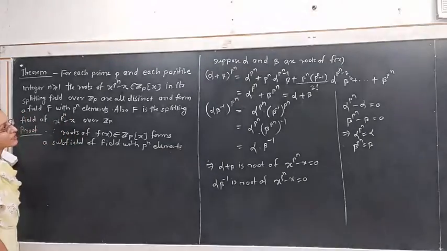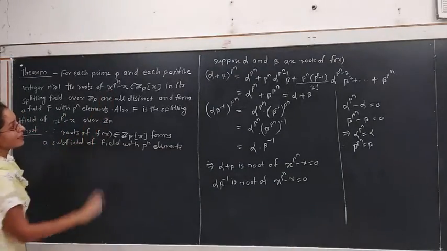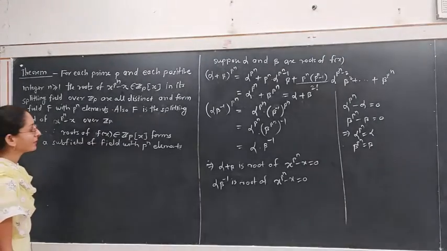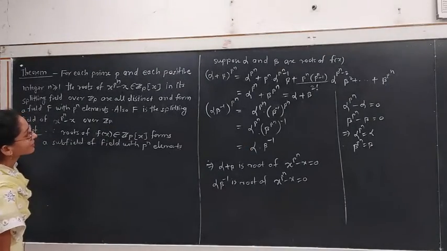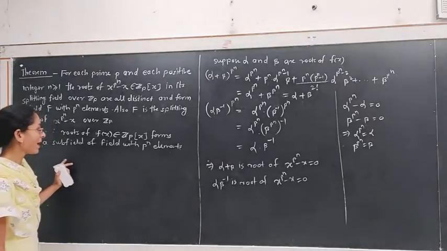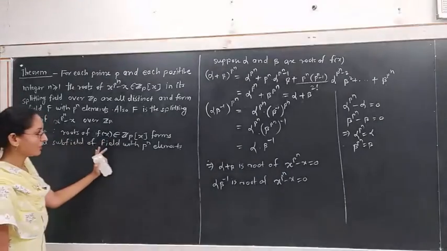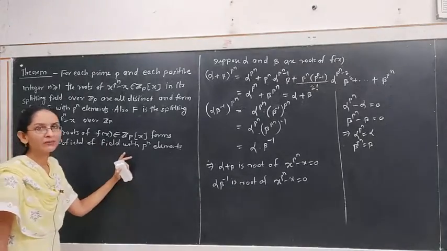Why p^n elements? Because this polynomial has at most p^n roots, and initially we discussed they are distinct roots. Hence, the roots of the polynomial f(x) form a subfield of the field with p^n elements.